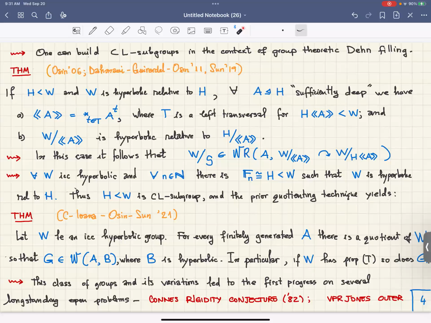If you're familiar with Thurston theory, if you avoid finitely many slopes, this is what it means. If you go deep enough, you just have to avoid a certain finite set.